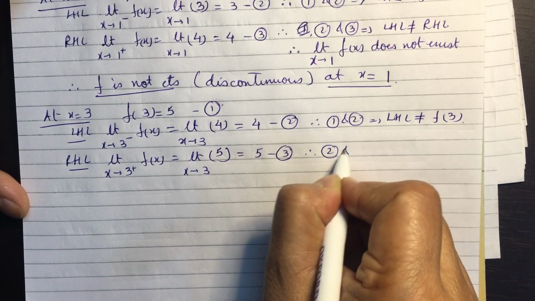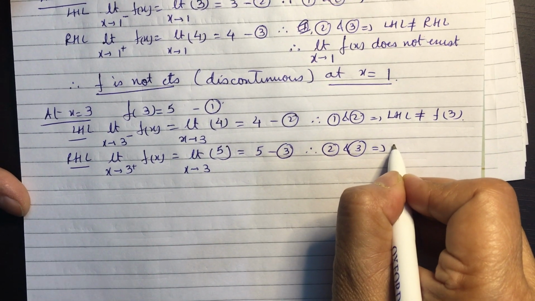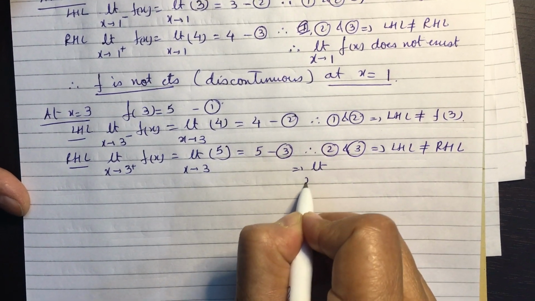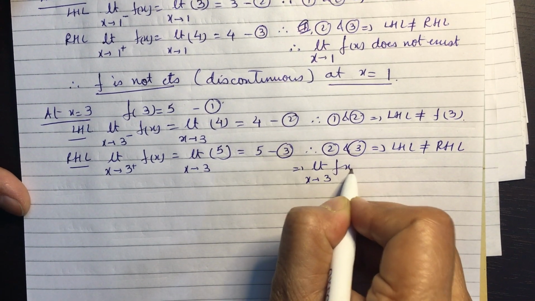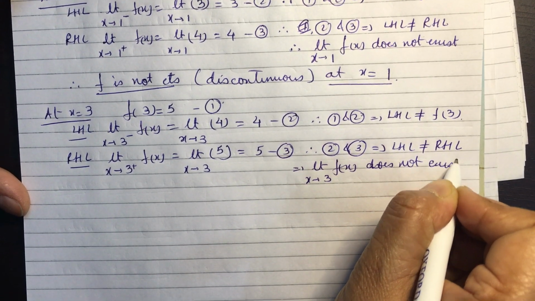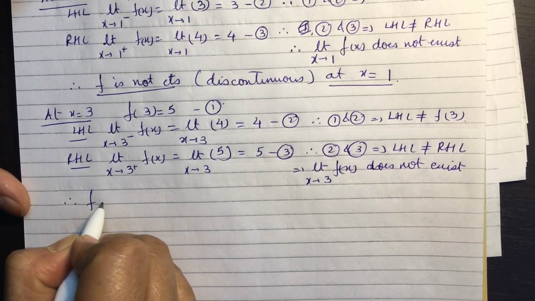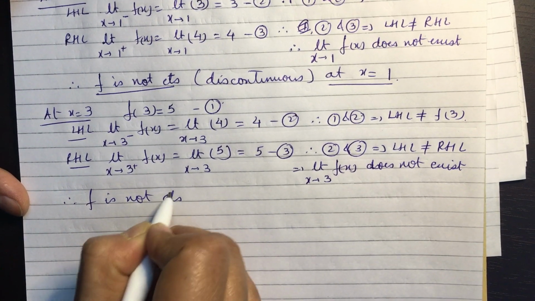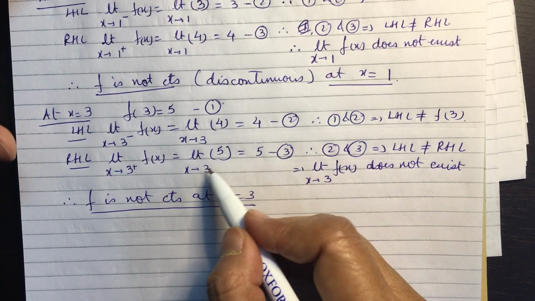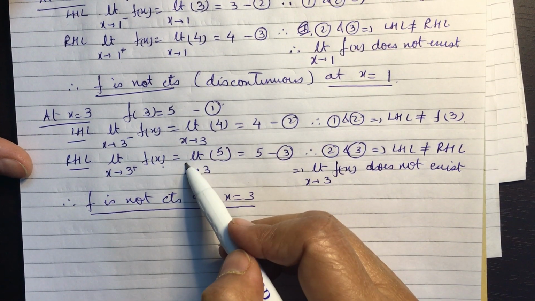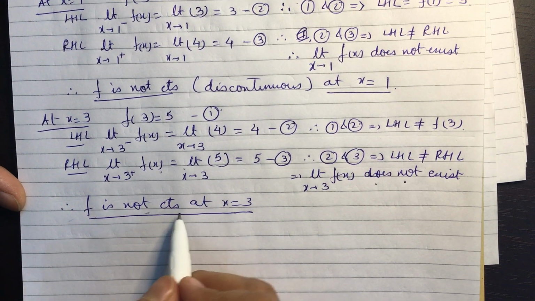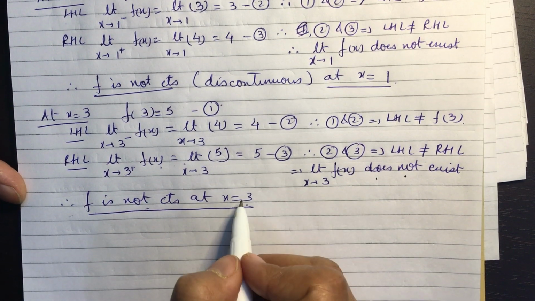Therefore 2 and 3 imply that the left hand limit is not equal to the right hand limit, which implies that limit x tending to 3 of f(x) does not exist, and therefore f is not continuous at x equal to 3, even though the right hand limit is equal to the value of the function. But still, since the limit is not defined, we say the function is not continuous at x equal to 3.